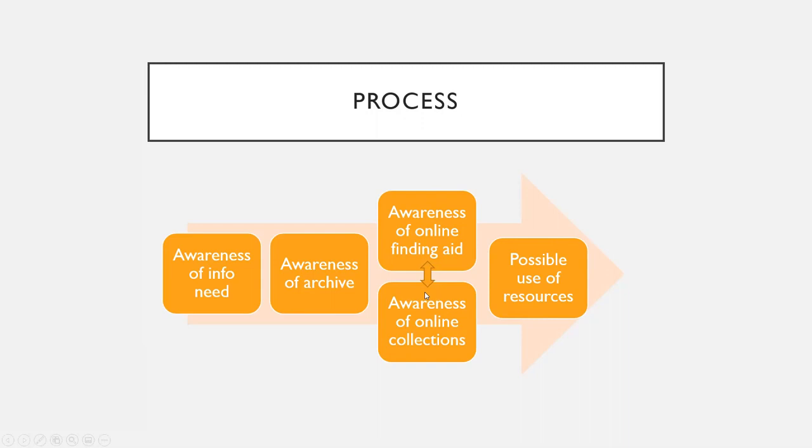It really just depends on the researcher. It really depends on how well an archive increases awareness of both online collections and online finding aids. So there are a few different paths that the research process might take.